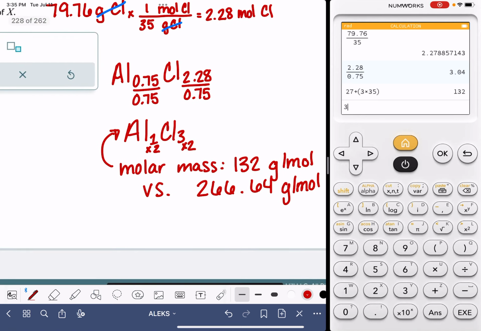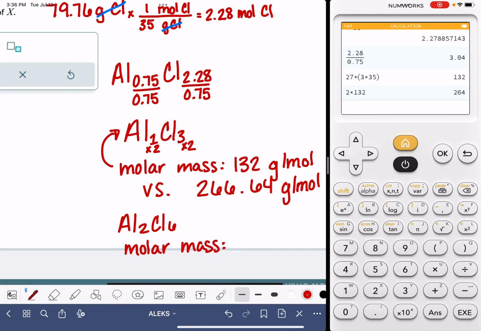Dividing doesn't change the ratio, and multiplying by a number doesn't change the ratio either. When we multiply our subscripts, we get Al2Cl6, and let's calculate the molar mass of that. It's basically just going to be twice what I had before, which is 264 grams per mole.